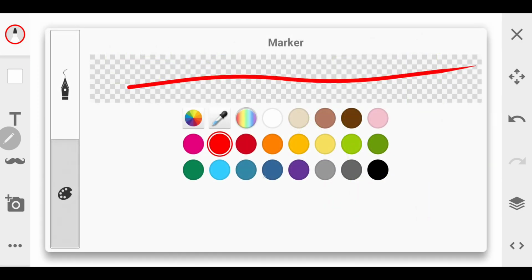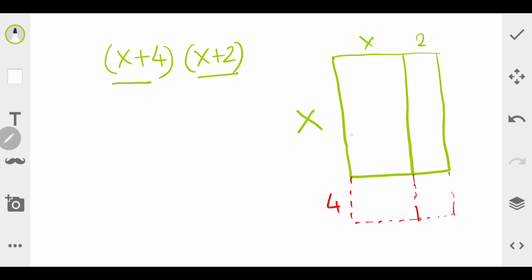Let's just look at the top. So how are we finding the area? We are doing x times x to find this x squared, and then we are doing 2 times x, that is 2x.